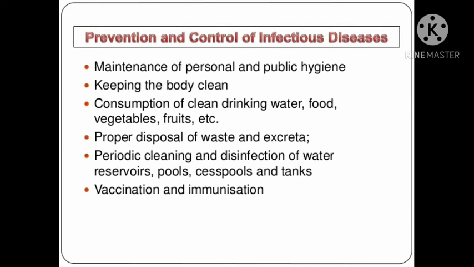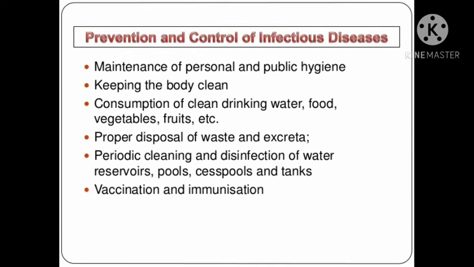After going through the most common diseases in human beings, let us look at the general preventive and control measures of such infectious diseases. As we discussed in the beginning of the lesson, maintaining personal hygiene and public hygiene is of utmost importance. Consumption of clean drinking water, food, vegetables and fruits, and proper disposal of waste and excreta also play an important role.